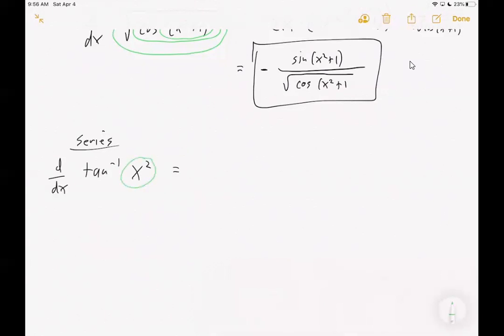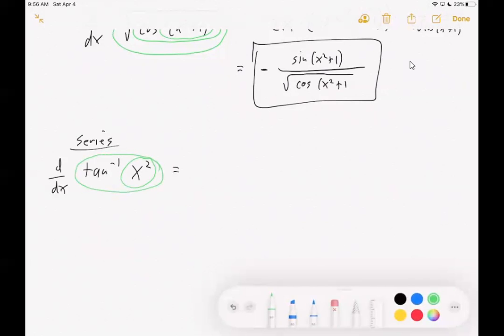X squared is the inner layer. The inverse tangent is the outer layer. Oh, this is series 5.